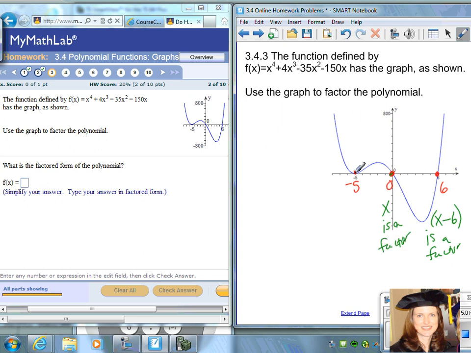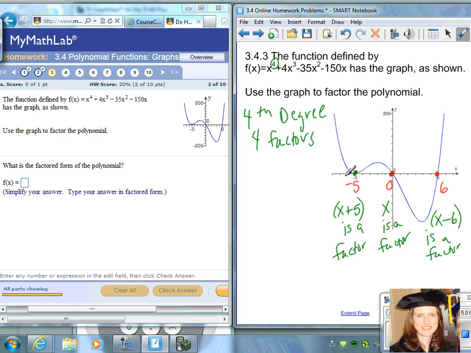If it crosses the x-axis at -5, that means x plus 5 is a factor. This is a fourth degree polynomial. Fourth degree polynomials can have 4 factors.